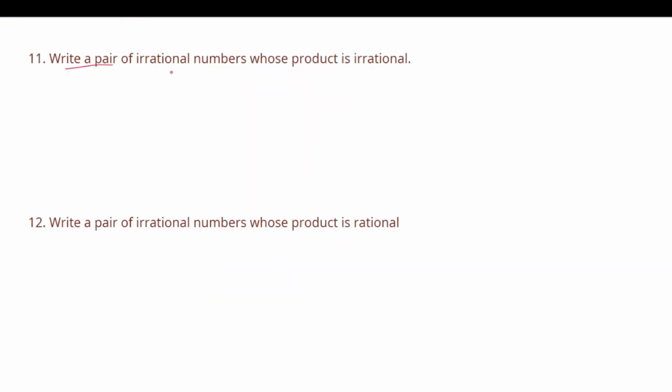Write a pair of irrational numbers whose product is irrational. 2 plus root 3 multiplied by 3 plus root 2. So the product is 2 into 3 is equal to 6. 2 into root 2 is equal to 2 root 2. Root 3 into 3 is equal to 3 root 3.